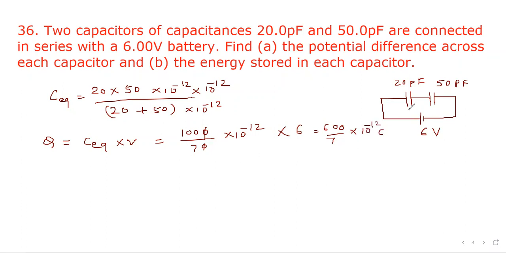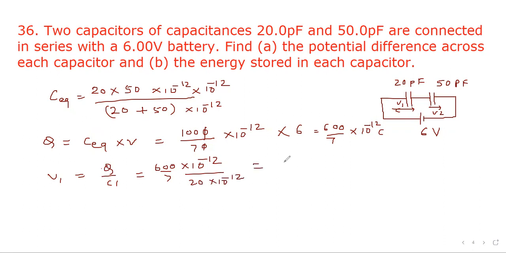Now we have to find out the voltage. So V1 is across the first capacitor, and V2 across the second. V1 equals Q upon C1, so 600 upon 7 into 10 to the power minus 12 divided by C1, which is 20 picofarad, 20 into 10 to the power minus 12.